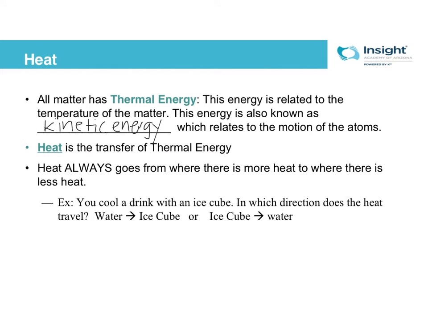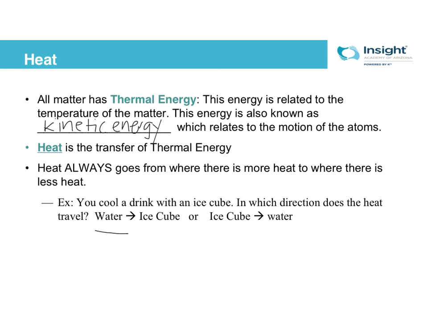We can use temperature to indirectly measure heat. Higher temperature means there's more heat there. So, we're always going to go from what was in higher temperature towards something that was in lower temperature.